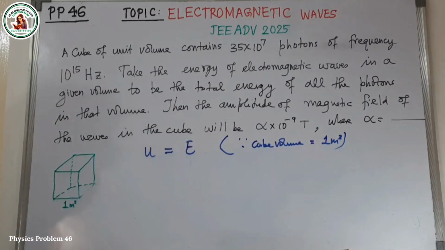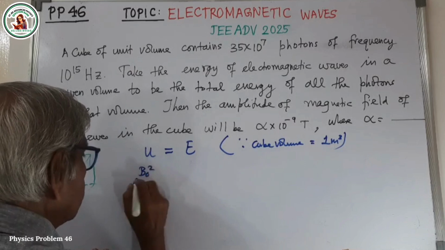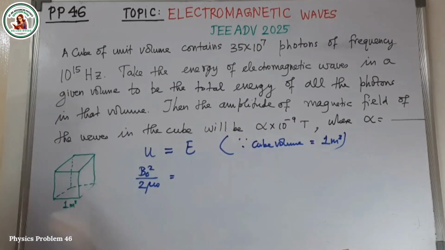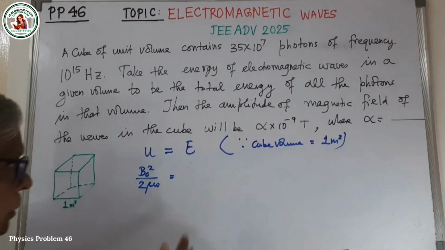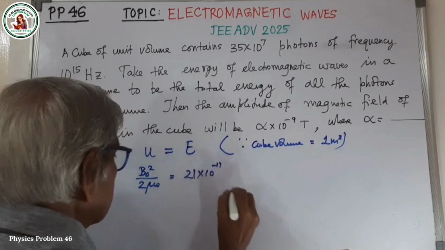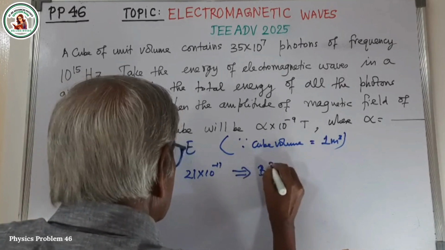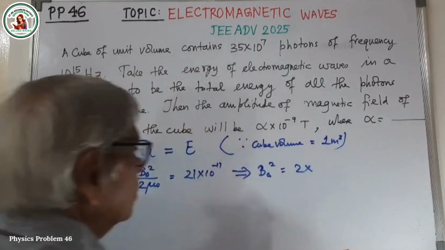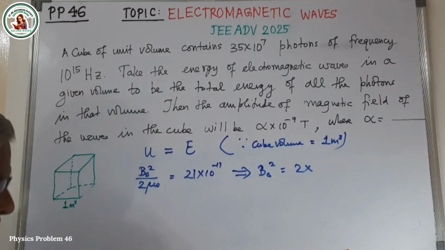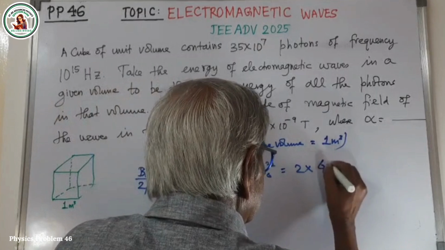So we equate B naught square by 2 mu naught to the value we got as N h nu, which is 21 into 10 minus 11. This implies B naught square is equal to 2 times mu naught. Mu naught is 4 pi into 10 minus 7.